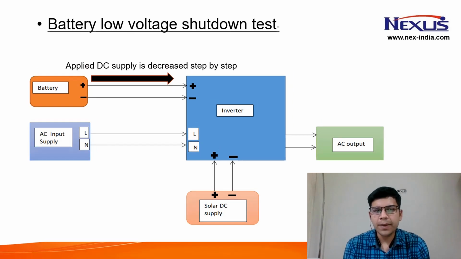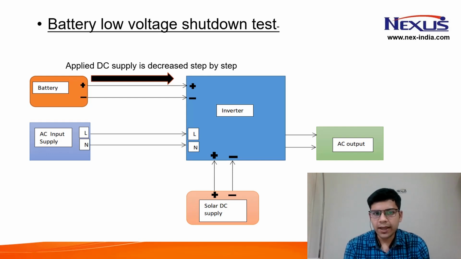Next, the battery low voltage shutdown test. In this test, we are going to decrease the battery voltage across the inverter step by step. As you know, when the battery is in discharging mode, the voltage across its terminals continuously decreases with the passage of time.